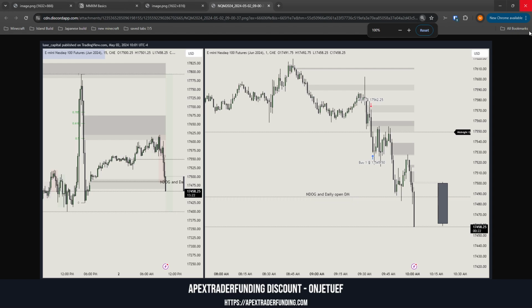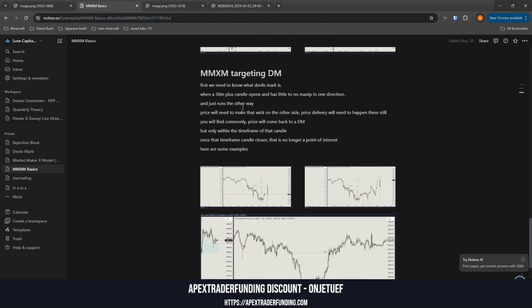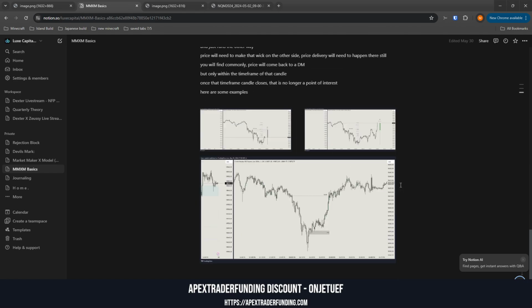Oh, this is okay. So yeah, that is the devil's mark. I like to keep an eye out for it. It's not incredibly common, but when you see it, there was one that happened today. I think it was a 10 a.m. open, and price shot immediately up, and then within 10 minutes, it shot immediately straight down again.